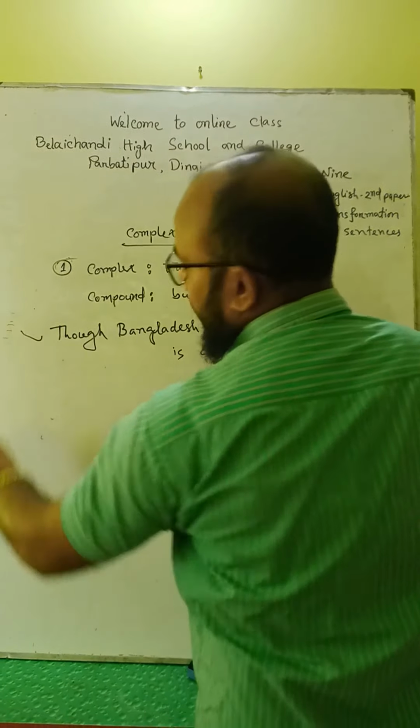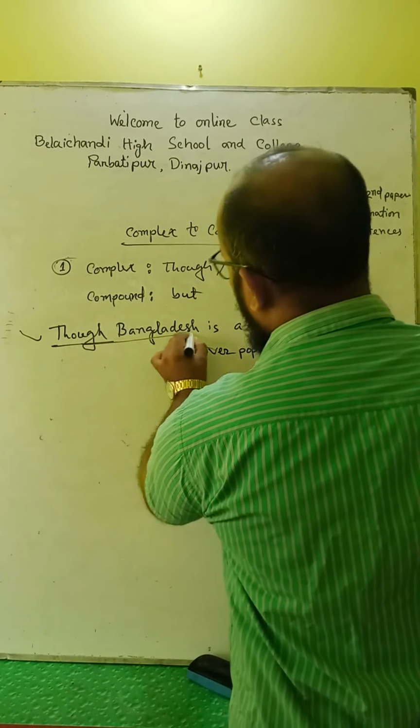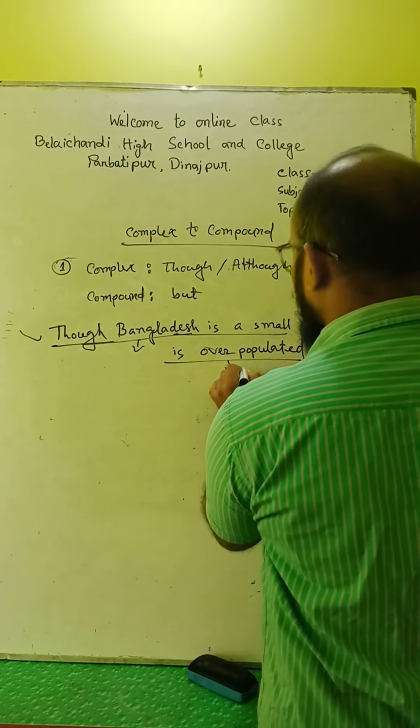This sentence is complex because this here is a subordinate clause and this is a principal clause.